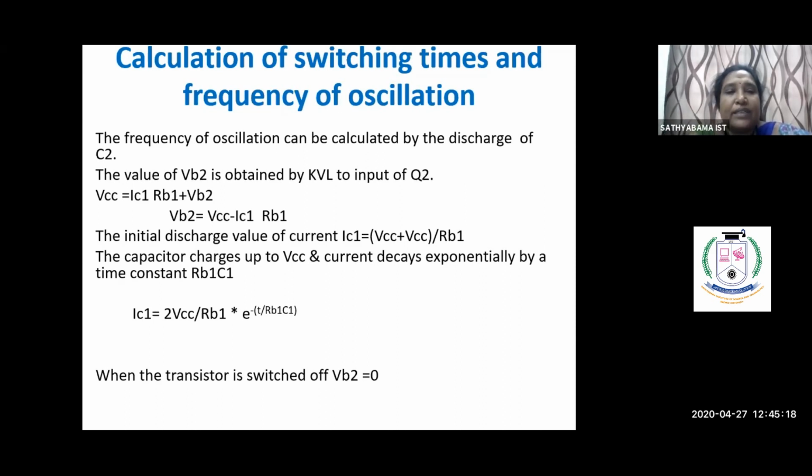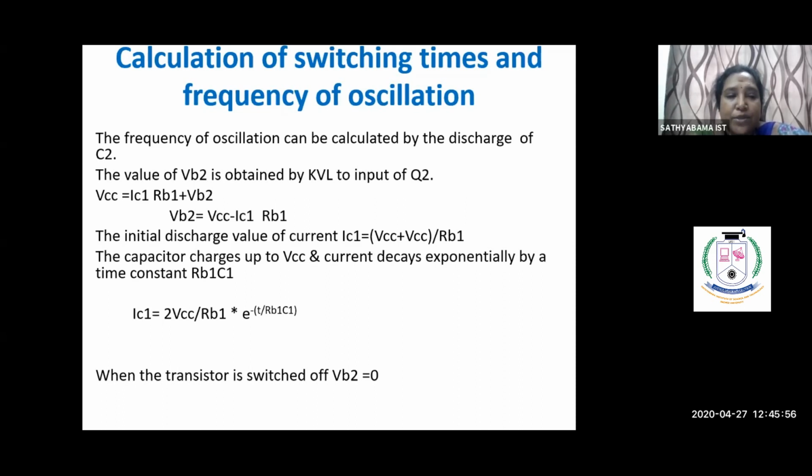Also the capacitor charges up to VCC, and the current decays exponentially with a time constant of RB1 into C1. So IC1 is defined as 2 VCC divided by RB1 into e to the power of minus t divided by RB1 C1. Assume the transistor is in the switched-off condition, so the VB2 value is equal to 0.